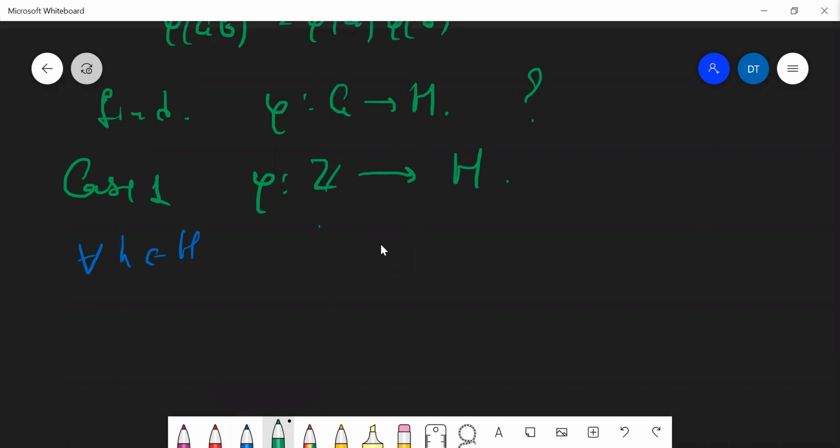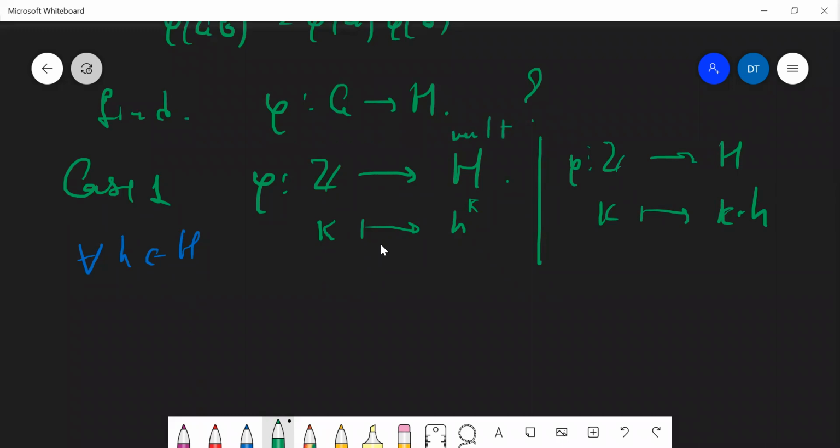Then consider a map which takes an integer k to the element h to the k. We use a multiplicative notation here for the group H. If you prefer an additive notation, then the map will be k goes to k times h, because raising to a power in additive notation is denoted by multiplying by k.